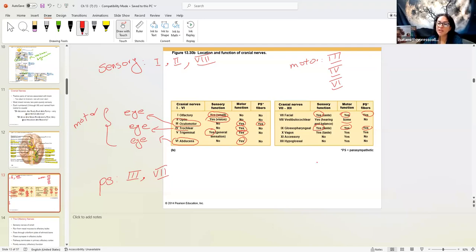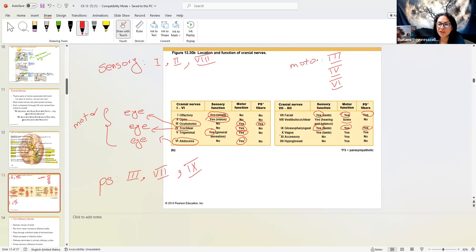Another yes for the motor function as it innervates the muscles related to our throat region, the pharynx, and also related to our swallowing, from the brain to these muscles. And then we have 1 yes for the parasympathetic fiber. So let me add this here. So cranial nerve number 9 also carries parasympathetic fibers.